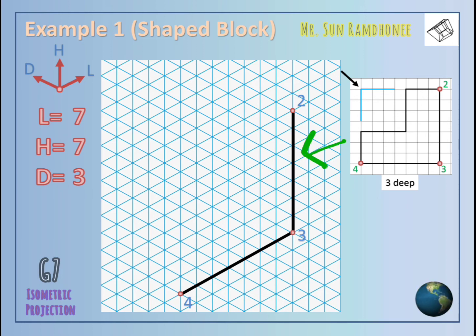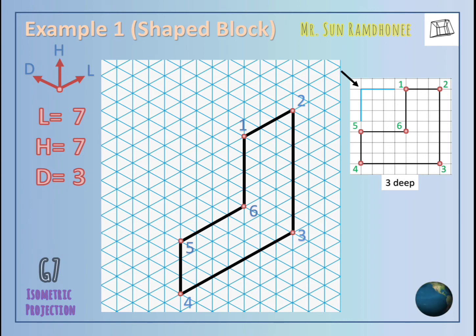Next we have point 1. When we move in this direction, this would still be the length. So length we still draw in this direction only. So this is where point 1 will be. And then again we draw the next line, and we can continue the object like this.